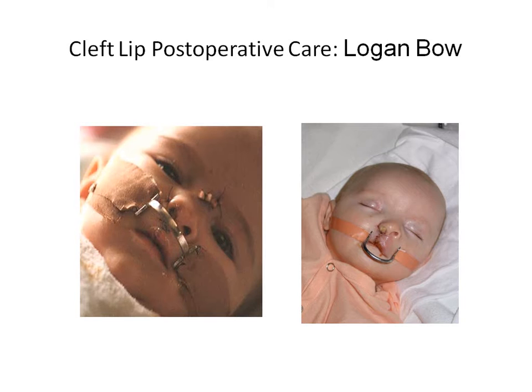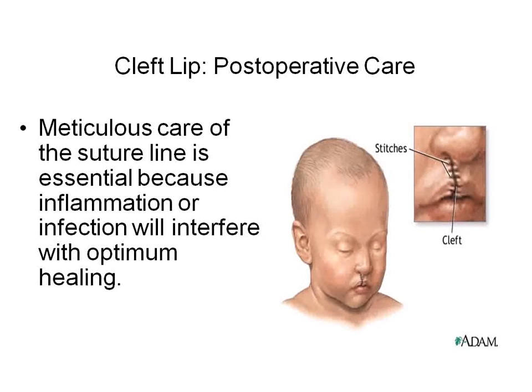After surgery for cleft lip, the infant is kept on NPO status until awake and alert, and then he begins clear liquids, then progresses to breast or bottle feeding. The suture line is cleaned meticulously according to policy and instructions of the surgeon.